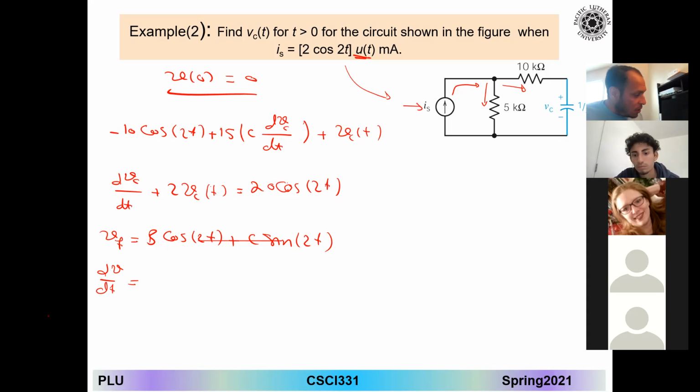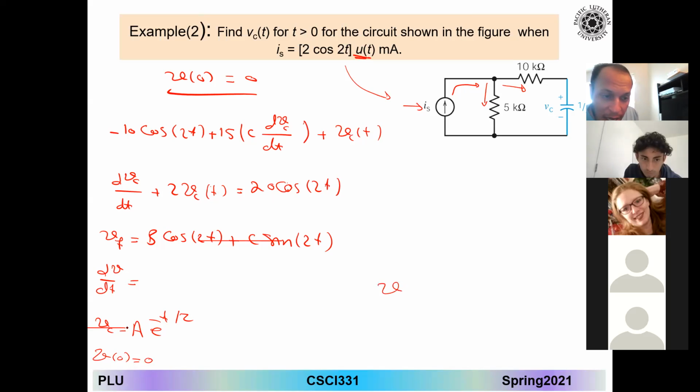And when you need to find your natural response, it's the same thing. Here is the VC again, A e to the minus t over tau. You need to find VC of 0 equals 0 in that case to find A. But this one you have to plug into this formula here. I typed VC here, guys, not VN. Here is the VN. Here is the VF. Here is the VC. So it will be equal to VF of t plus VN of t, or vice versa.